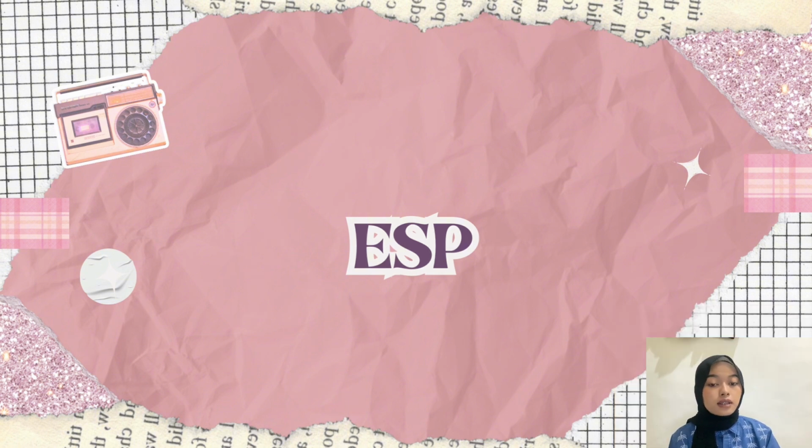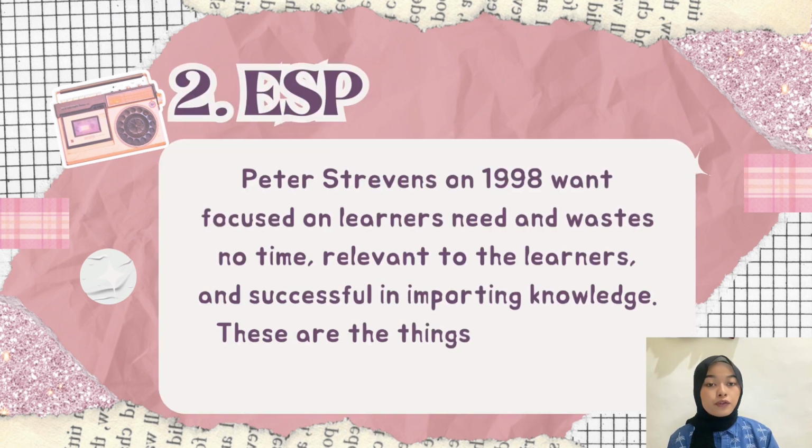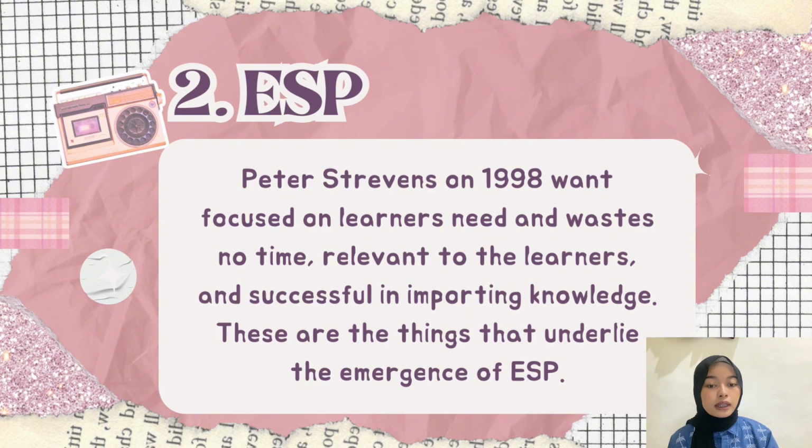Stevens states the study of language for specific purposes has a long and varied history. Peter Stevens in 1998 said that ESP focused on learners' needs, was relevant to the learners, and was successful in imparting knowledge. These are the things that underlie the emergence of ESP.